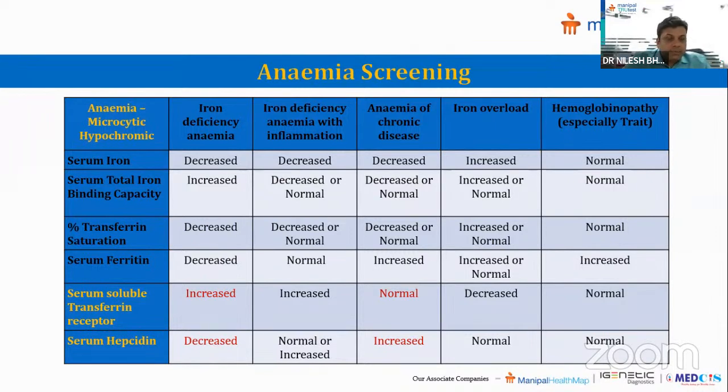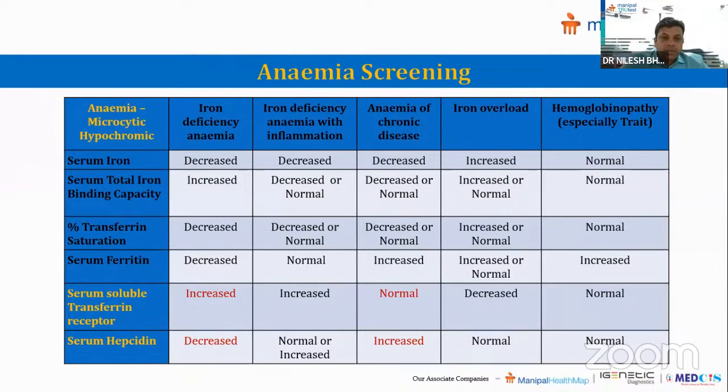As you can see in the table, the soluble transferrin receptor is increased in iron deficiency anemia, while it is normal to decreased in anemia of chronic disease. So the soluble transferrin receptor has an inverse relationship with iron status, while hepcidin has a direct relationship with iron status.